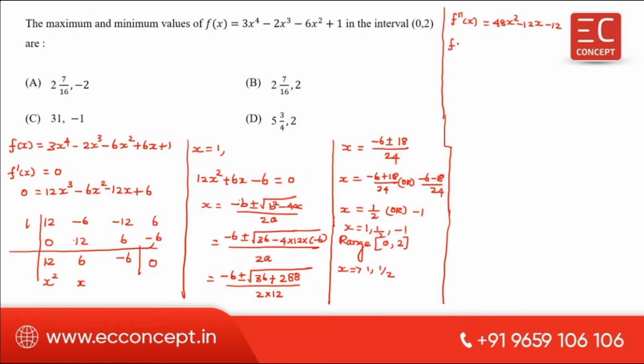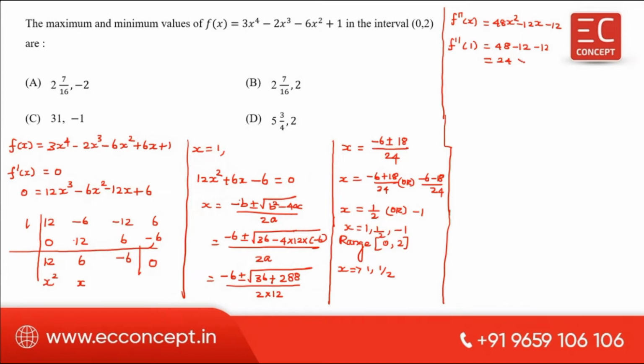Then you have to substitute x equal to 1, which is 48 minus 12 minus 12, which is equal to 24.